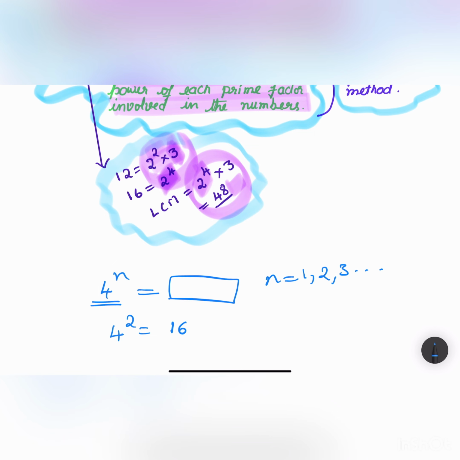So is there any possibility of getting 0 in the unit place if we have 4 power n or 6 power n or 7 power n, etc.? That also we are going to learn in this chapter.